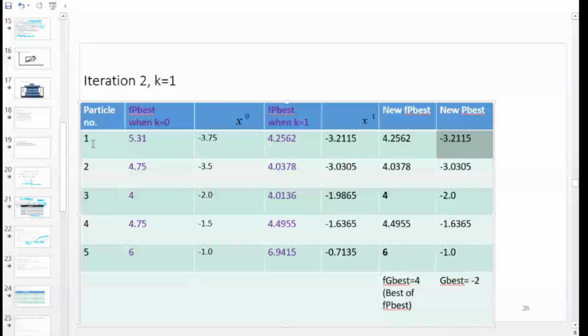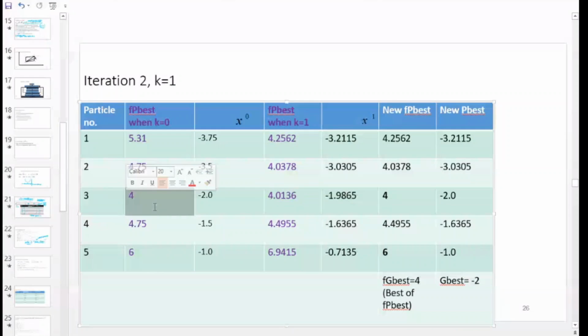Similarly, for the second particle, compare this and this. Which one is minimum? 4.03 is minimum. So corresponding to this, which is the x value? It is minus 3.03. So the new personal best for the second particle is this. Now for the third particle, compare this and this. Which one is better? This one is better, which occurred in the 0th iteration.